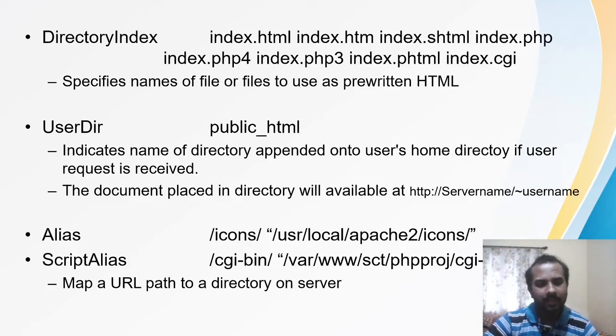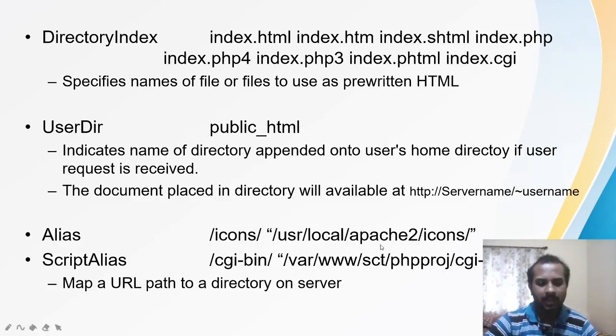So when any user is getting connected to the server, you are going to have the name of the user appended, starting with the tilde symbol. For example, user 1 is connected to the server name, then http://servername/~username1. If I have a second user, then ~username2. That is in the next one.